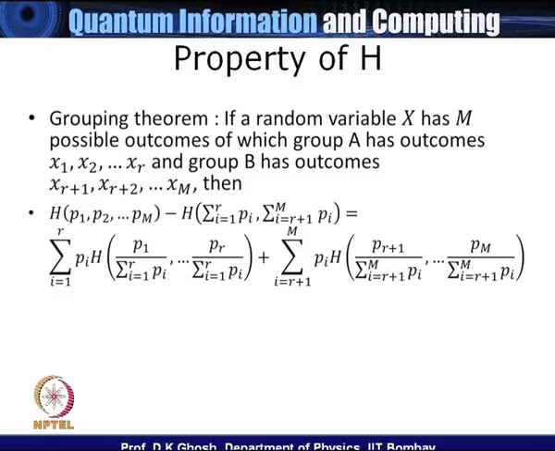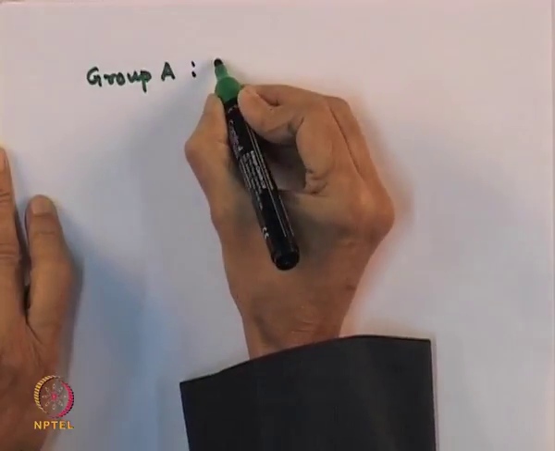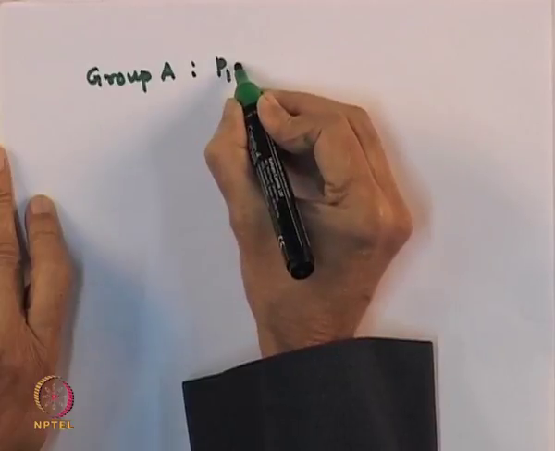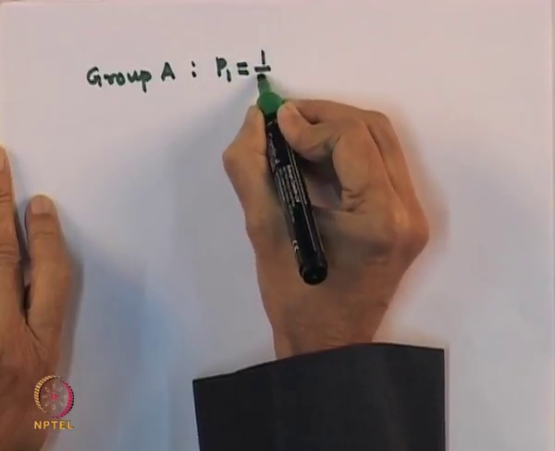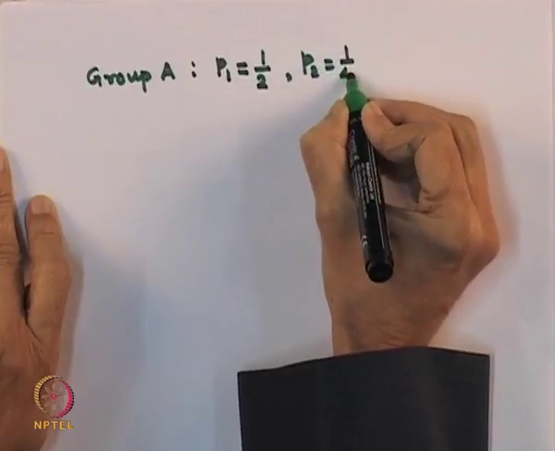But just to illustrate what the grouping theorem means, suppose I consider two groups. Now I have a group A in which I have two events. The probability of the first event is half and the second event is 1 by 4, let us say.